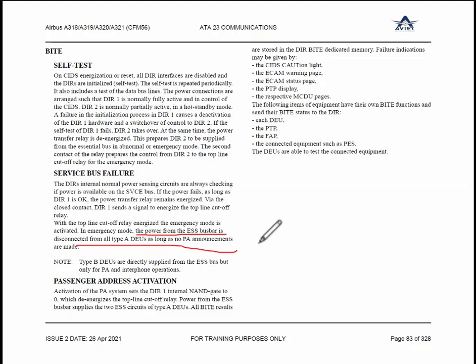Is it clear, guys? So the top line cutoff relay is energized, the emergency mode is active. In emergency mode, power from the essential bus bar is disconnected from all the DUA as long as no PA announcements are made. It means they will only be powered when there is a PA announcement.